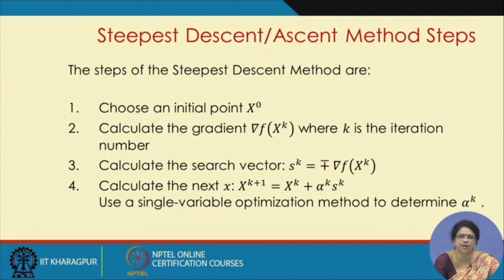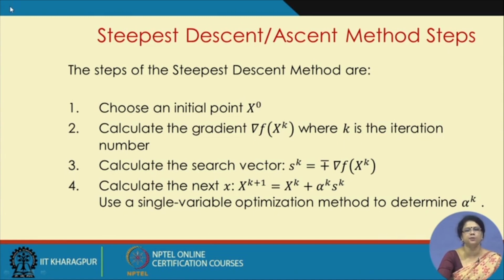In which direction shall we proceed? For the maximization problem, we will proceed through the gradient direction from that point, and if it is a minimization problem, we will proceed in the reverse gradient direction. That is the idea.